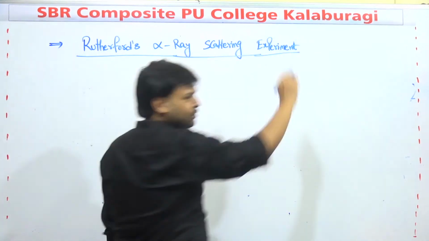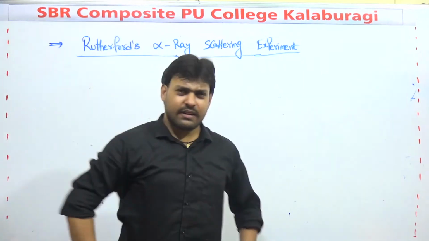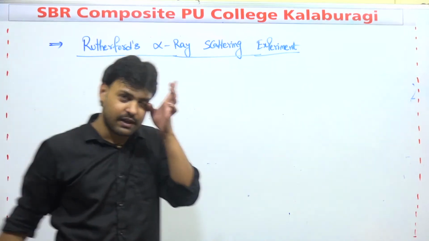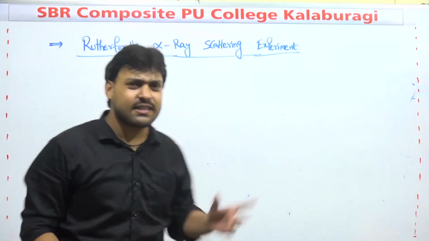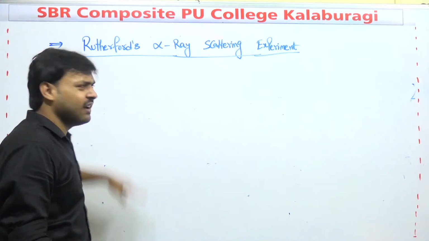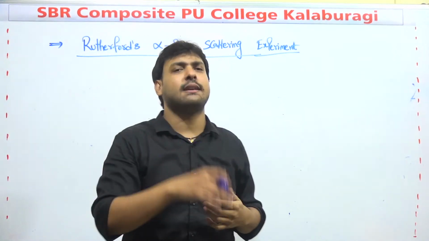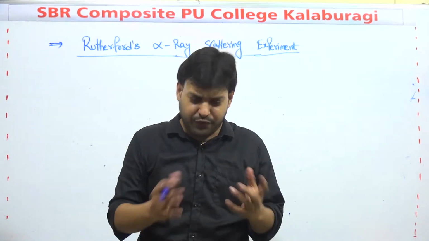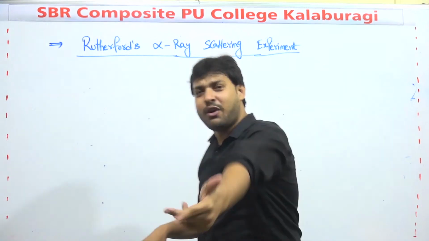So what he tried to do, we will discuss now. It is an easy experiment, 10 to 15 minutes. In chemistry his name is very famous. Why? What is the final thing Rutherford did? He discovered the nucleus, right? Before discovering the nucleus, what did he do? That is this experiment.